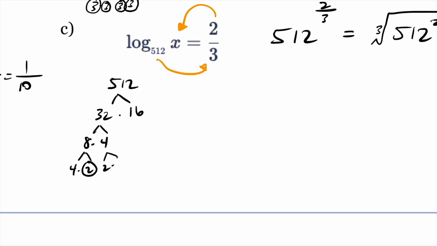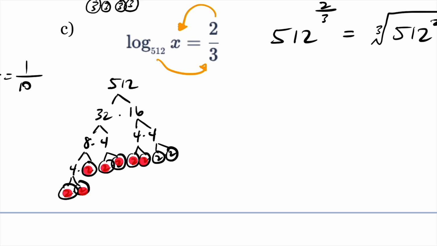So you're going to have a lot of 2s. See, we got 1, 2, 3, 4, 5, 6, 7, 8, 9 2s.